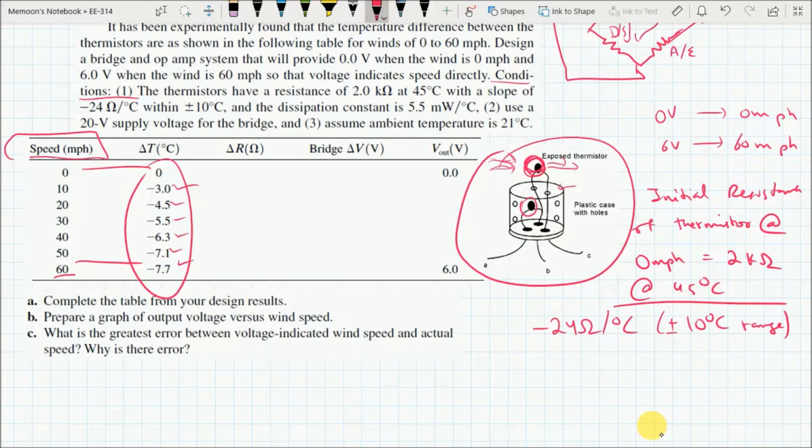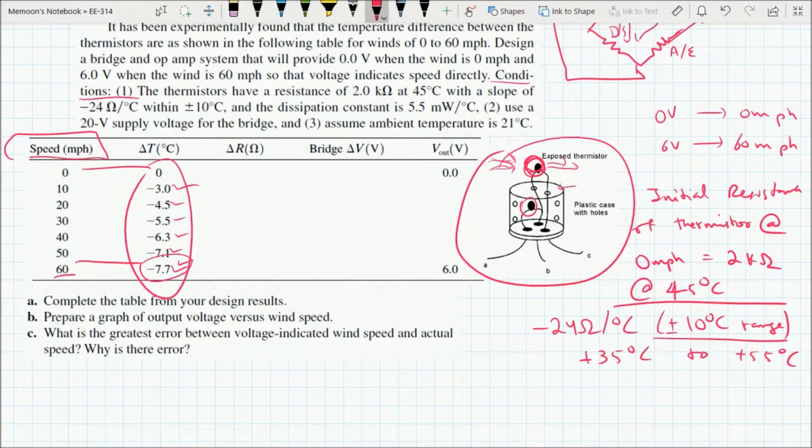So this means that this 2 kilo ohms will change linearly by 24 ohms per degree centigrade for a temperature range of positive 35 degrees Celsius to positive 55 degrees Celsius. And we can see here that when the wind blows, the maximum change in temperature is 7.7 degrees, so that lies within this plus minus 10 degrees range.